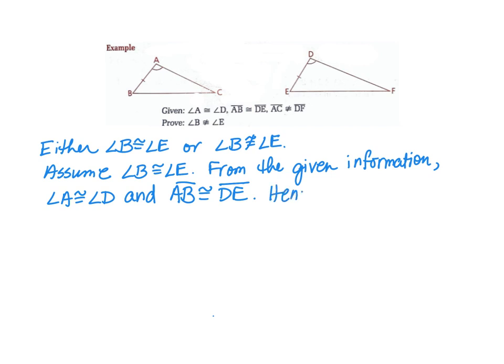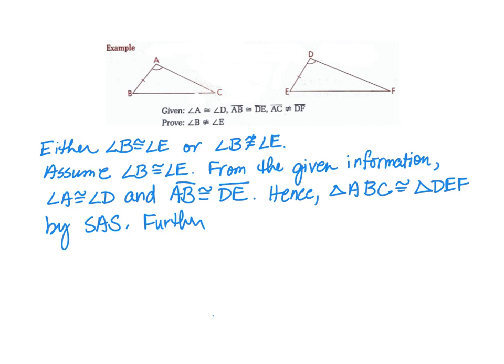Hence, triangle ABC is congruent to triangle DEF by side, angle, side. Further, AC is congruent to DF by CPCTC.